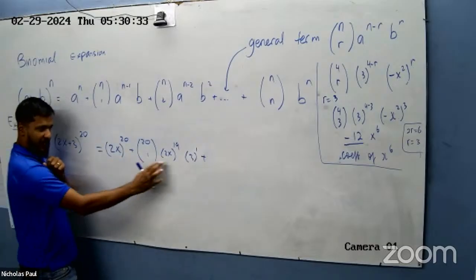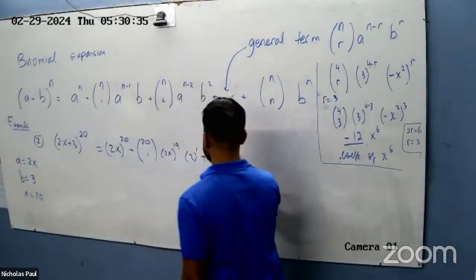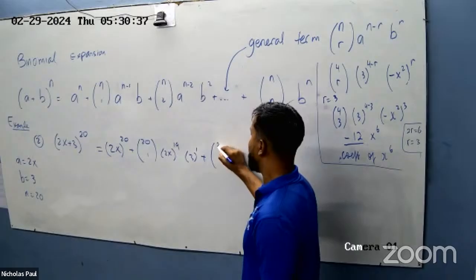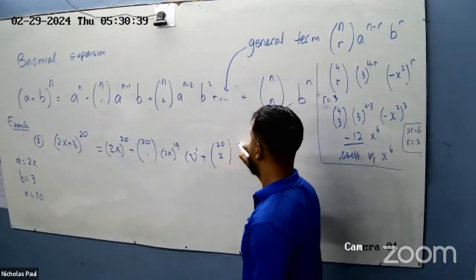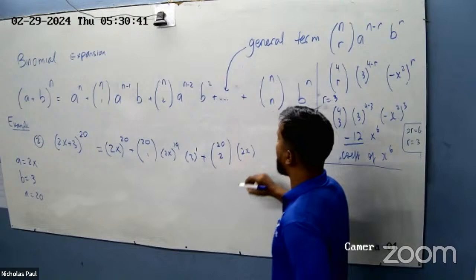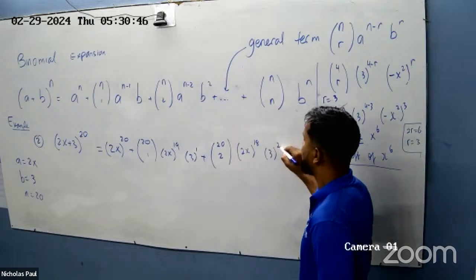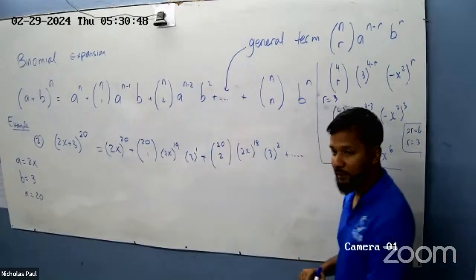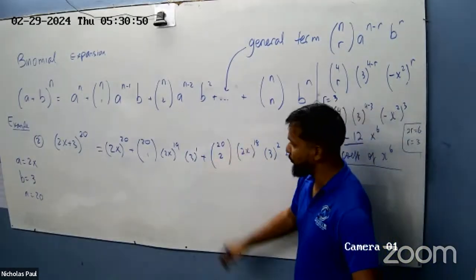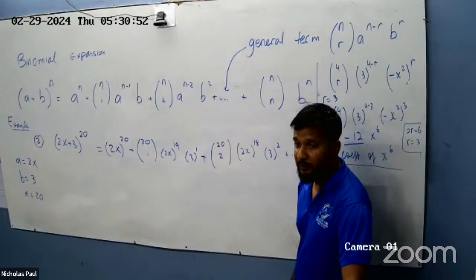That's the second term. The third term will be 20C2 by 2x to the power of 18 by 3 squared. Leave it like that because it's a big number.